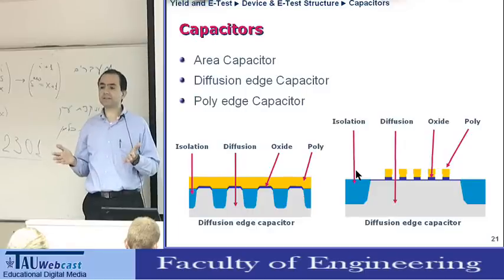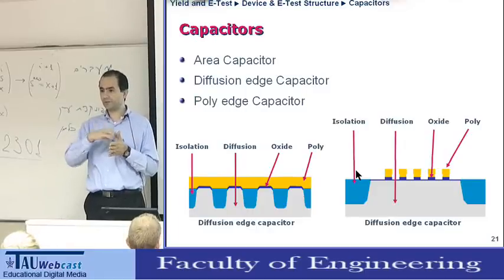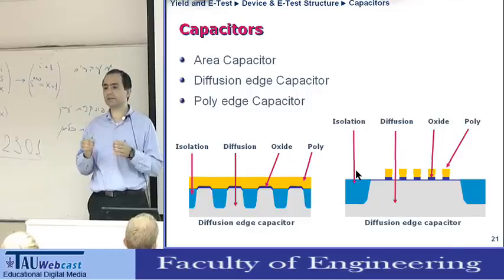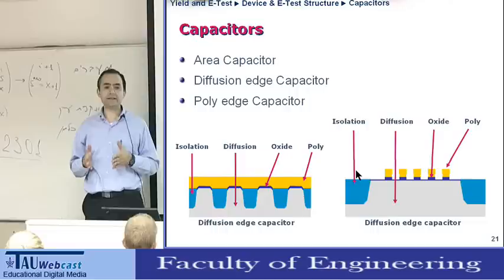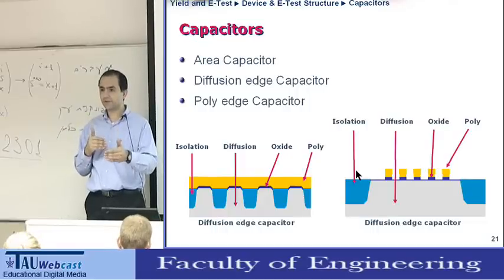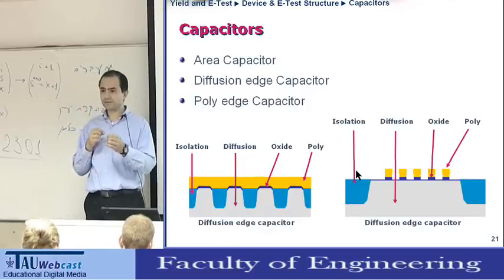Then every transistor also has an edge with poly on top of it. So we're interested to see if there are any systematic issues with this edge. And then every transistor also has an edge with isolation structures. So we're interested to know the capacitance of that structure.